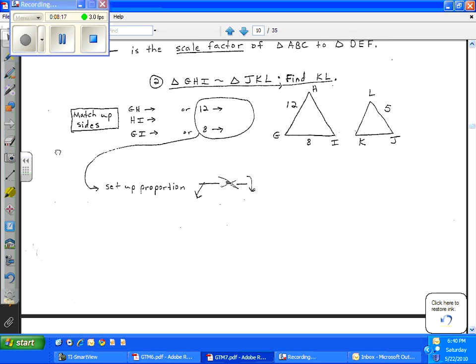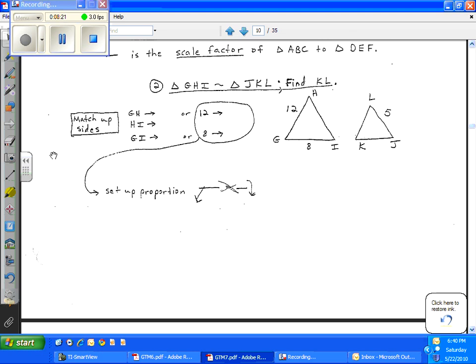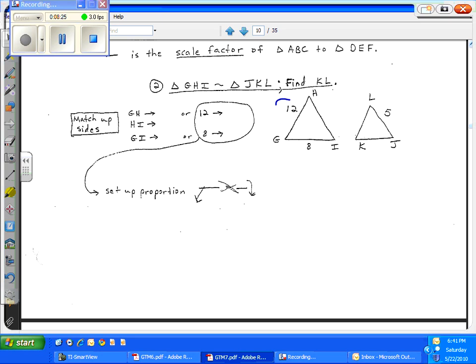All right, let's look at example 2. We're just matching up the sides here. You may think, well, GH goes to LK, but let's look. GH is the first 2 letters in the similarity. The first 2 letters in the second one is JK.